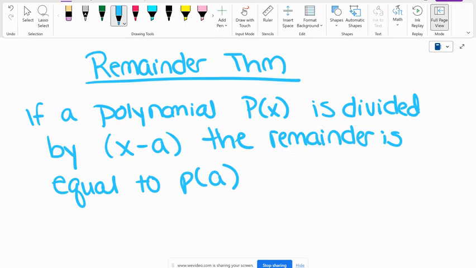If a polynomial P of X is divided by the quantity of x minus a, the remainder is equal to P of A. Write it down and I'll explain it.